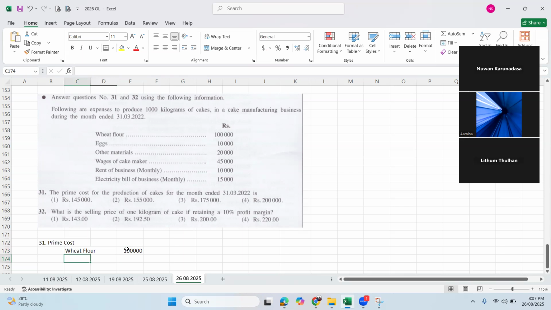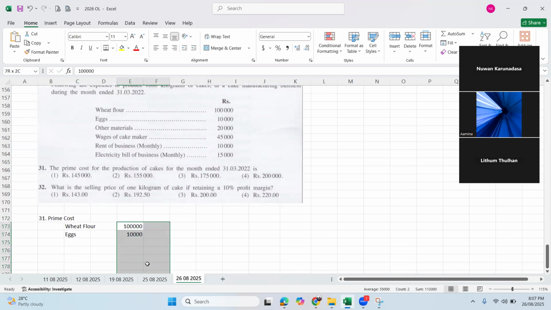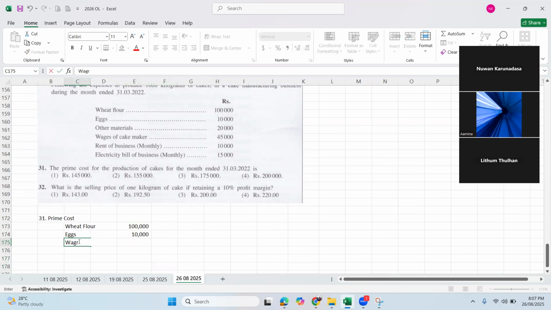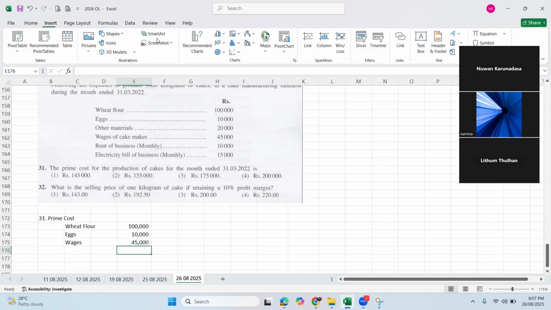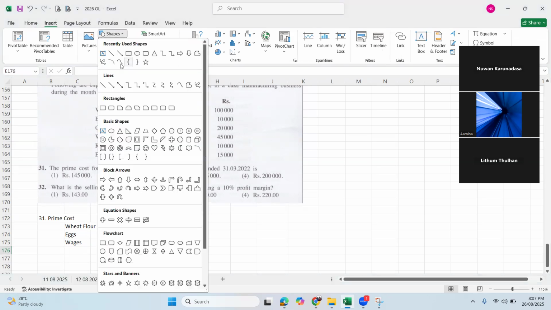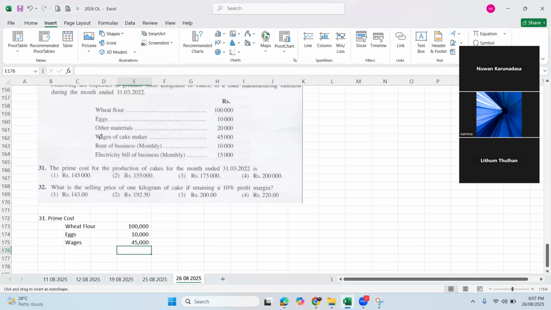Then eggs 10,000. Then wages for the cake maker, wages are a part of the prime cost. Cake maker, very important. This is the person who is directly engaged in the production. The person who is directly engaged in the production is the cake maker.